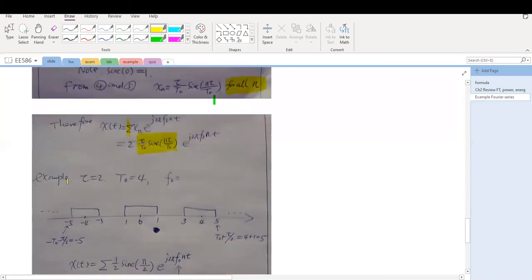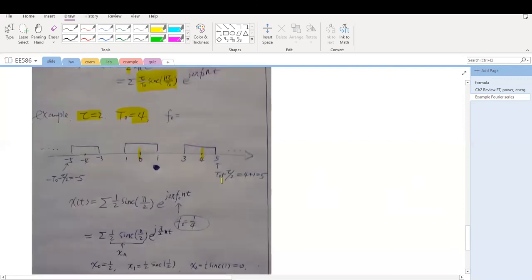Now let's look at an example here for tau equals 2, T naught equals 4. In this case, f naught equals a quarter, right? Plot this using the 3-term rule. Here, that's the waveform. Here, we can see the period is 4. And this point is 5, because that's T naught plus half tau, that's 5.